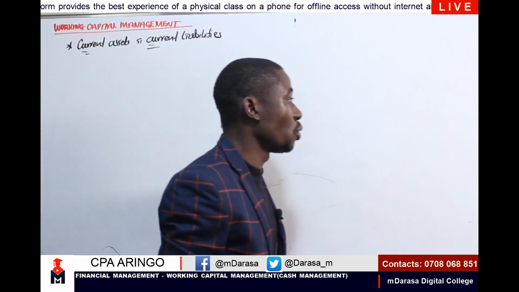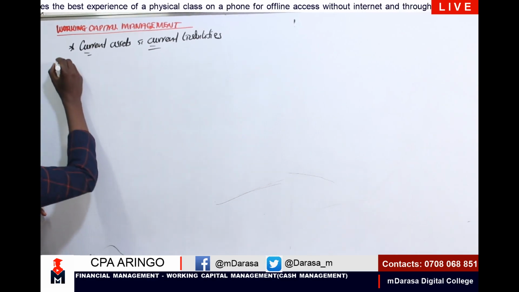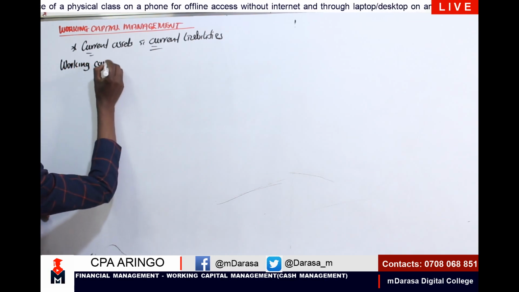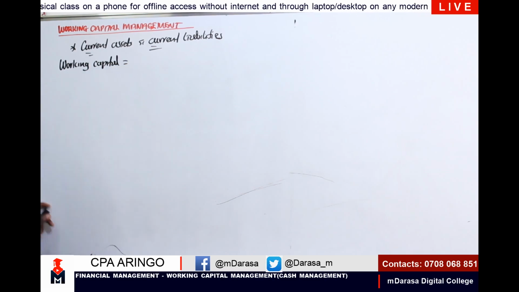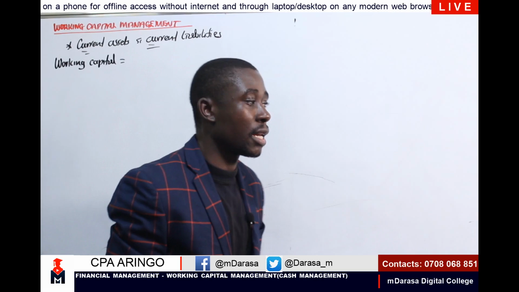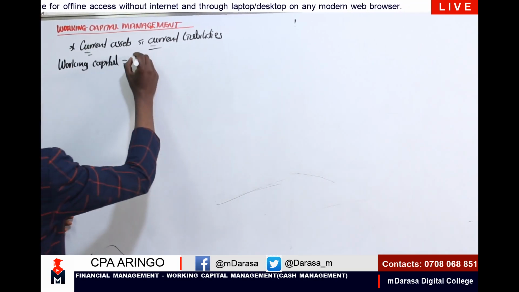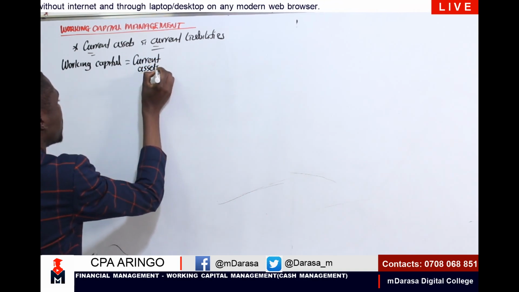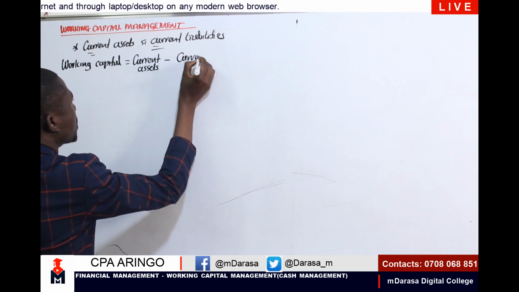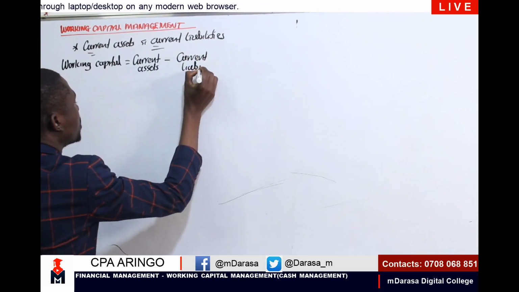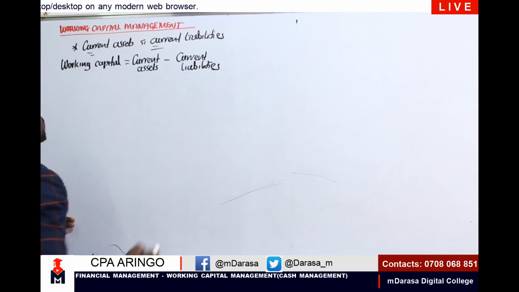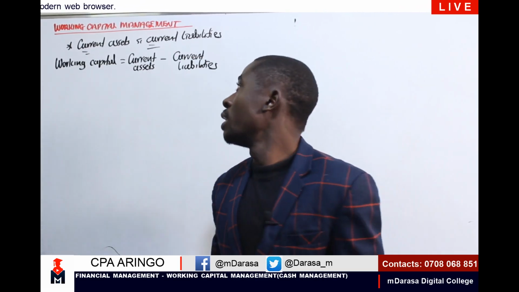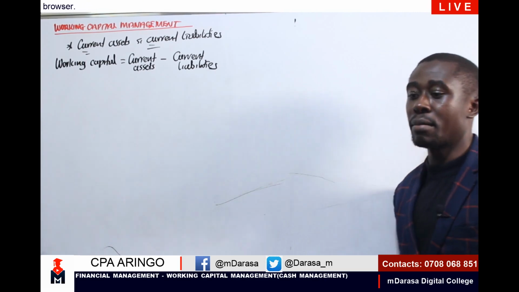At this point you should know very well that to determine our working capital, one key formula should always stick at the back of our mind: current assets minus current liabilities.